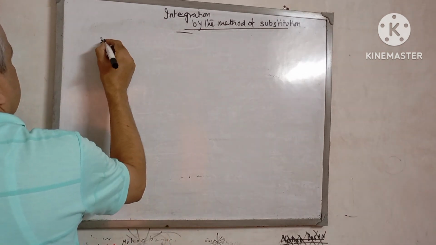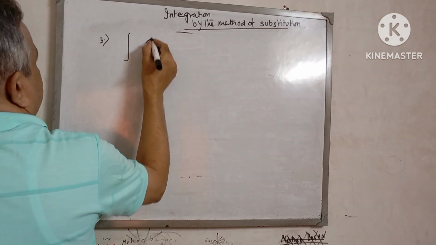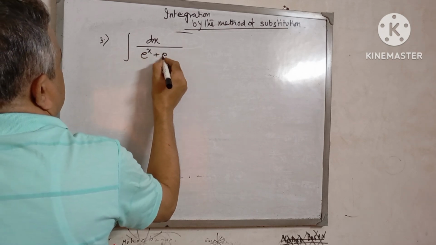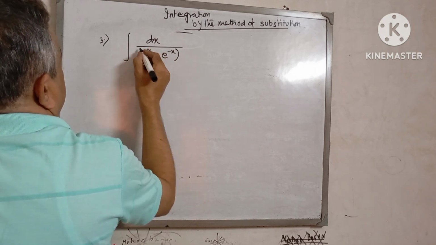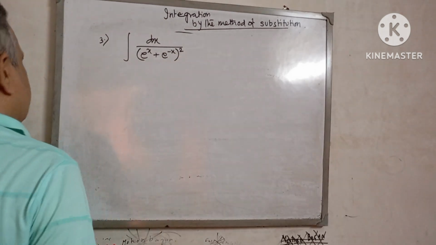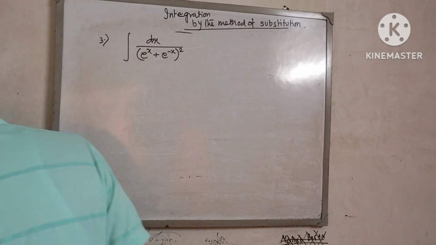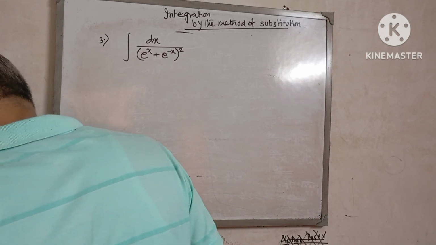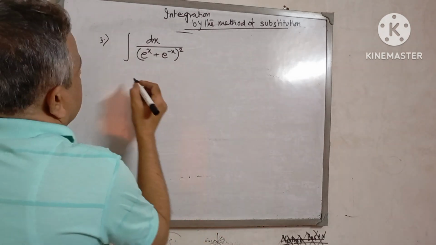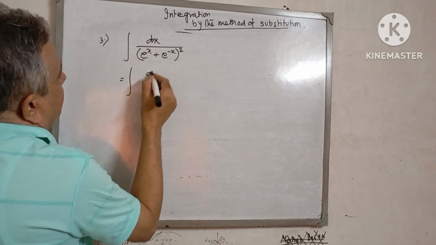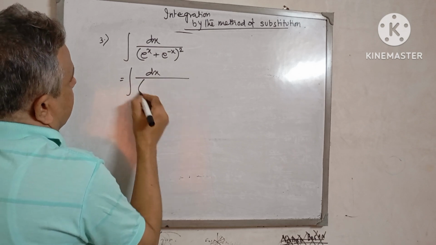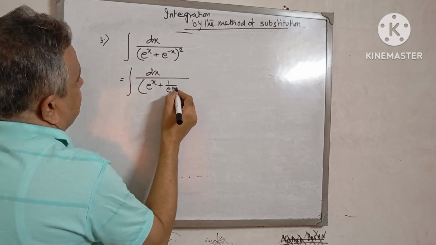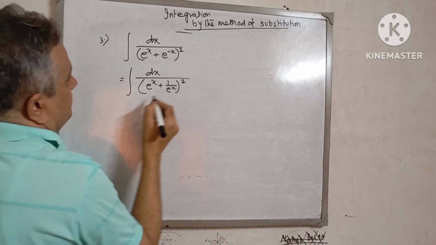Integration dx by e to the power x plus e to the power minus x whole square. Now simplifying first, e to the power x plus 1 by e to the power x whole square.